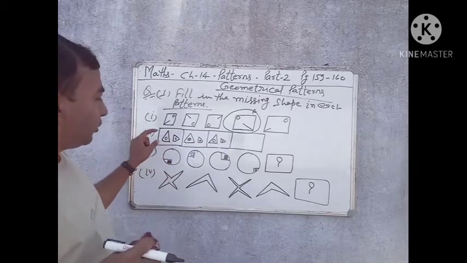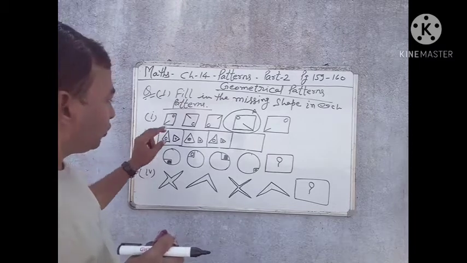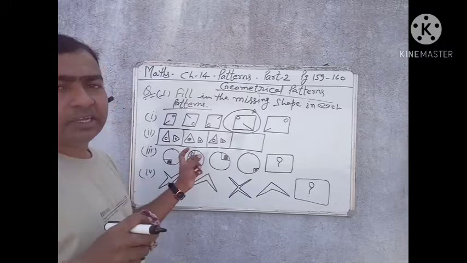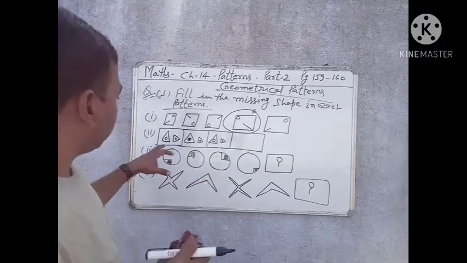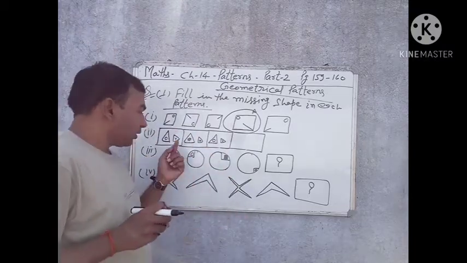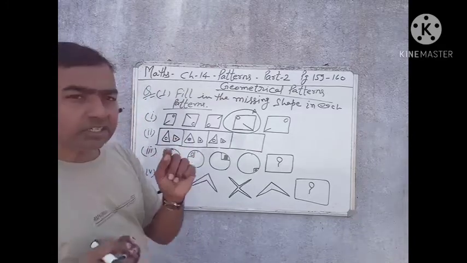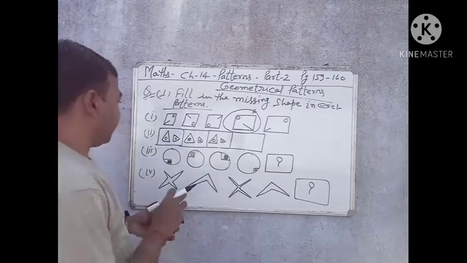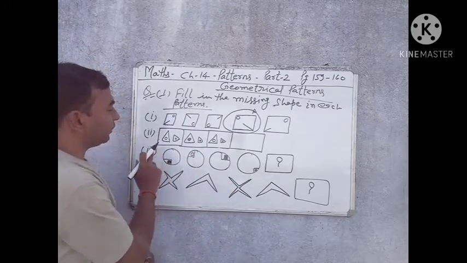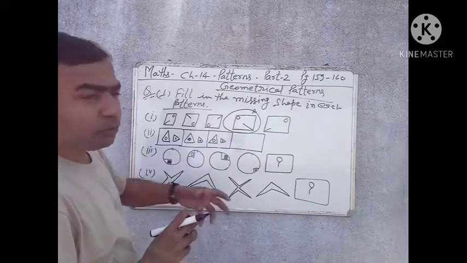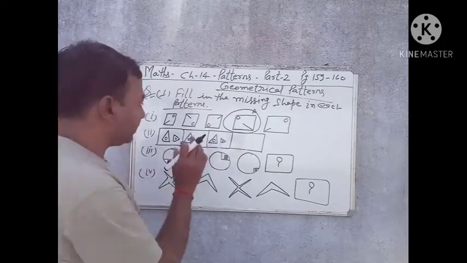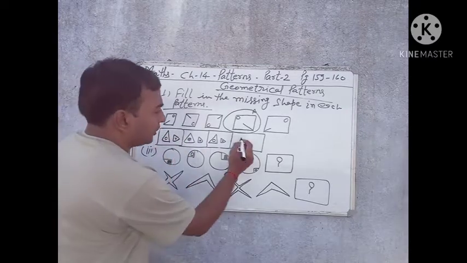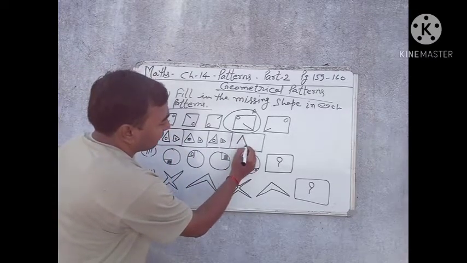You can see two triangles in each box, and one small circle inside the triangle, dark and empty. So we will fill the two different sides of the triangle like this.